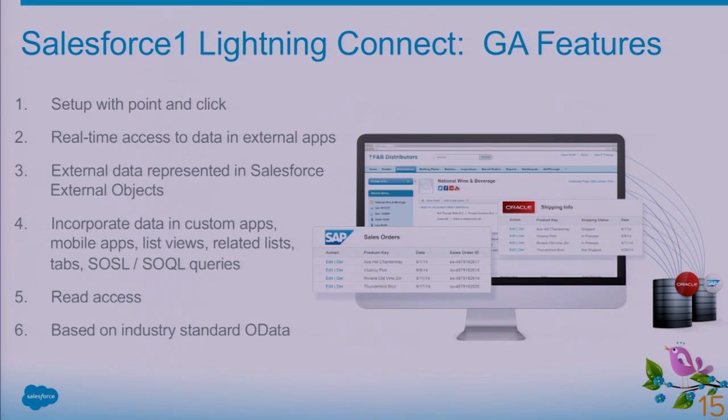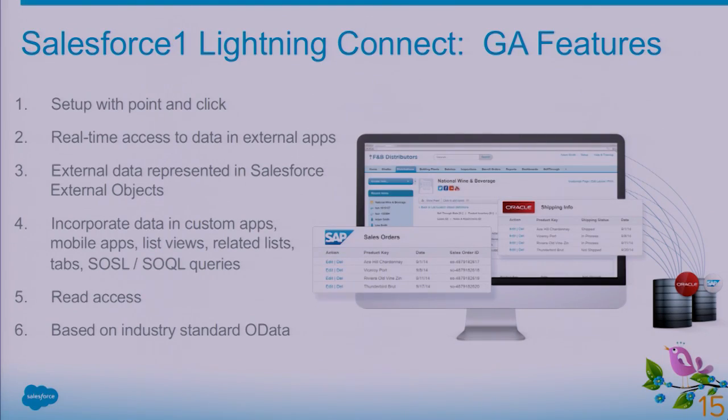Third, we take that external data and represent it in a special kind of Salesforce object called an external object. Now, the reason that's important is because external objects retain much of the same properties as custom objects. And so that means that customers can build custom applications, mobile applications, related lists, list views, tabs, even use SOSL and SOQL queries for data that lives somewhere else.